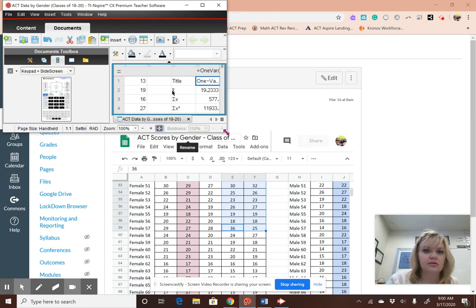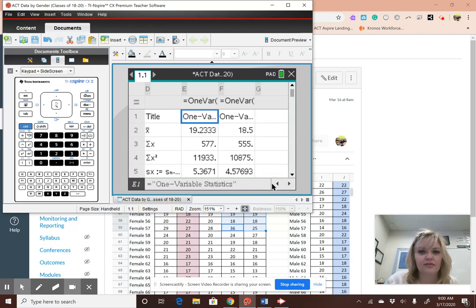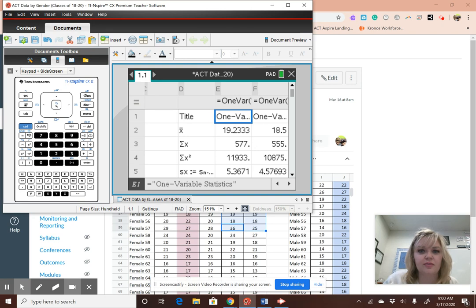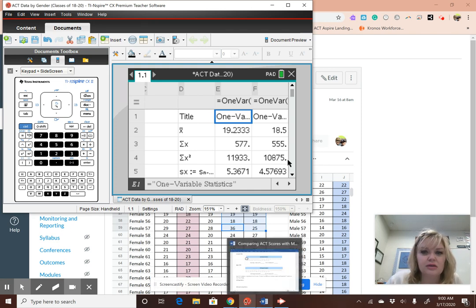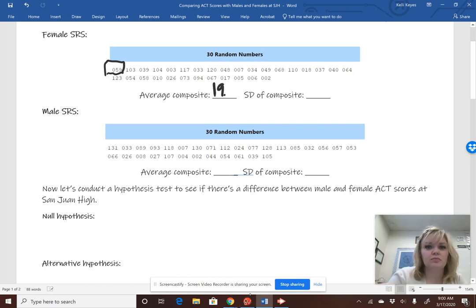from my sample of 30, the average composite ACT score for females was 19.23, and the average composite for males was 18.5. So I'm going to put those down: 19.23 and then 18.5.